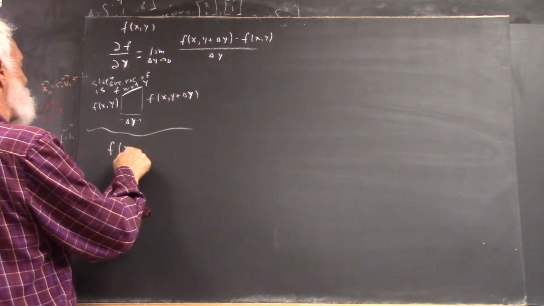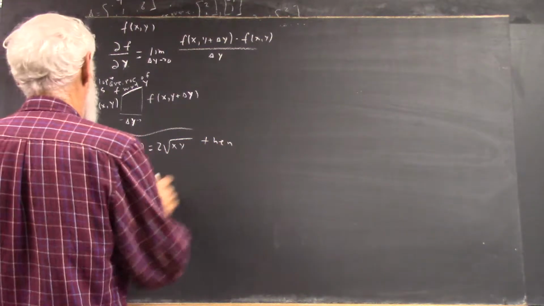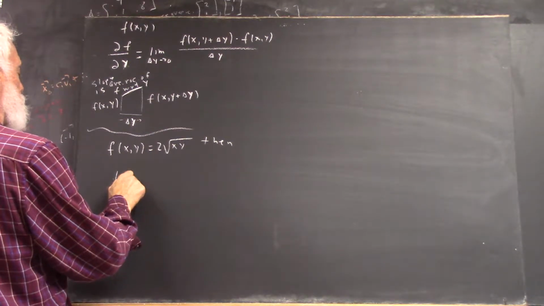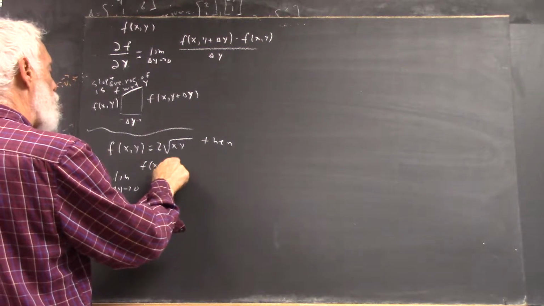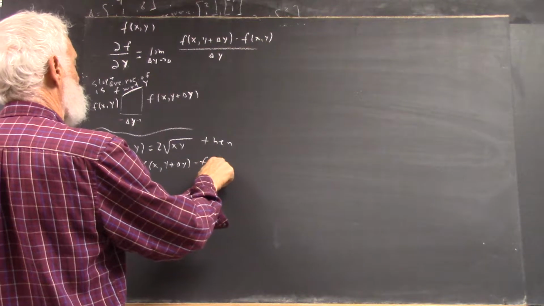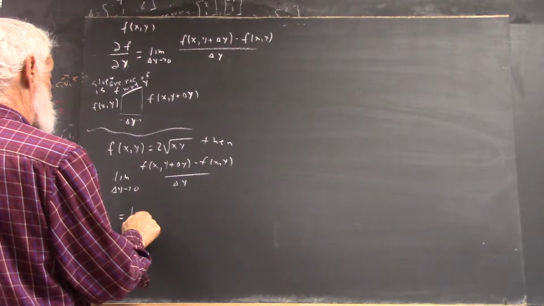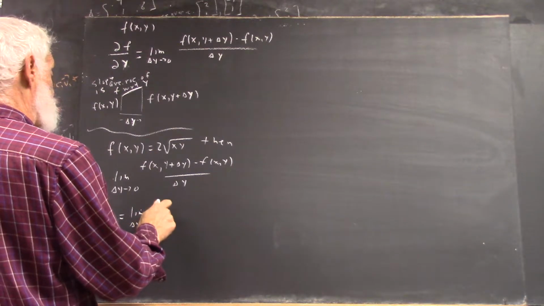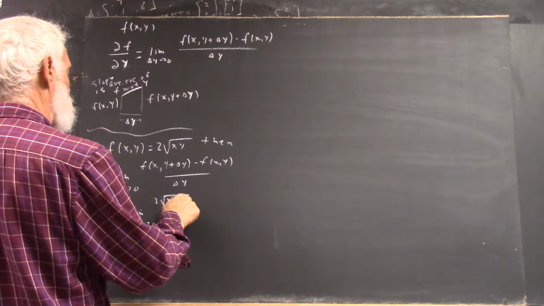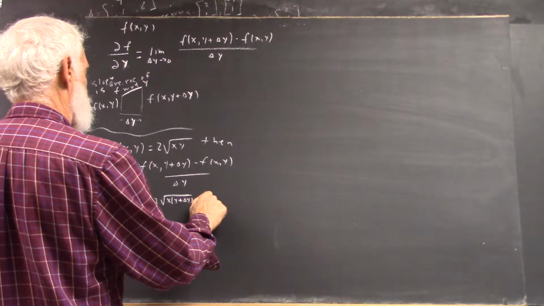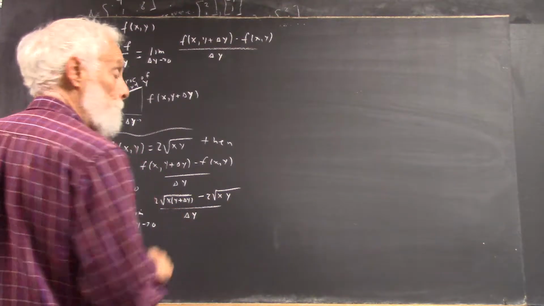So if f of x, y equals 2 square root of xy, then the limit as delta y goes to 0 of f of x, y plus delta y minus f of x, y over delta y equals the limit as delta y goes to 0 of 2 times the square root of x times y plus delta y minus 2 times the square root of xy, all divided by delta y.